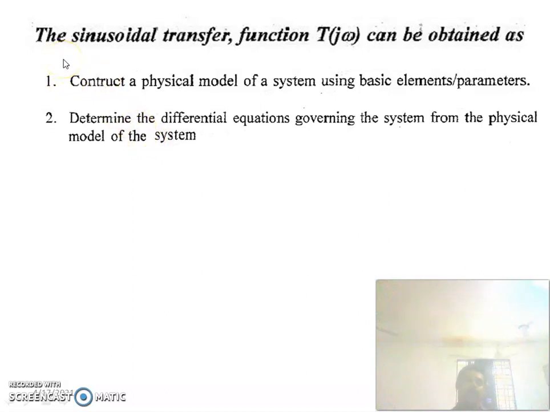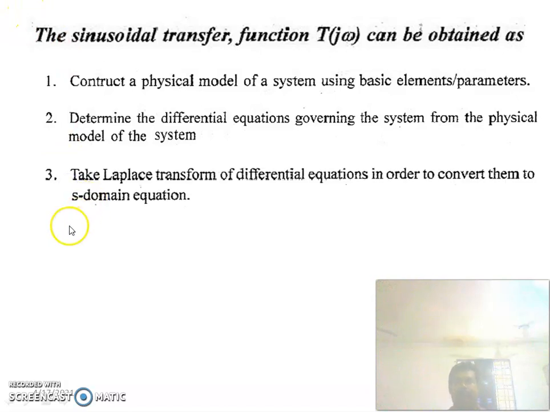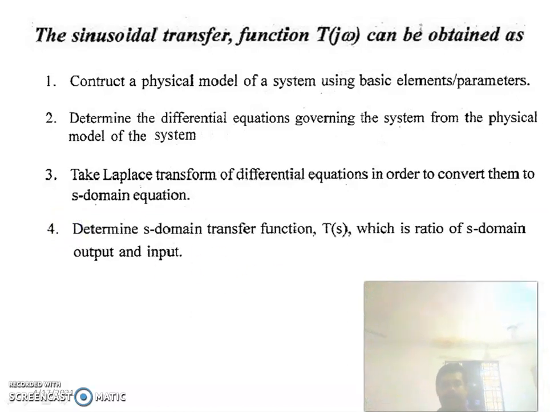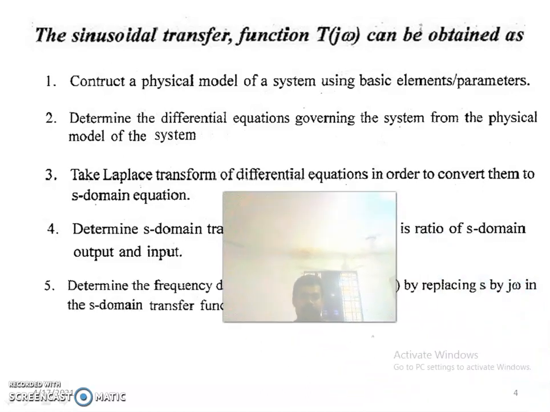So how do we obtain the sinusoidal transfer function? First we construct a physical model of a system using basic elements or parameters. Then determine the differential equation governing the system from the physical model. Then take the Laplace transform of the differential equation in order to convert it to the S domain. Then determine the S domain transfer function T of S, which is the ratio of S domain output and S domain input.